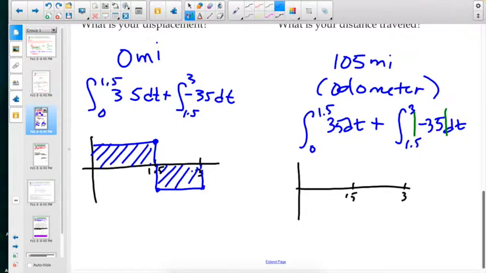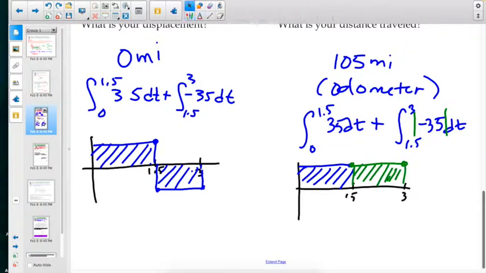So we now have that graphically, which is going to help you with the next 2 pages. Okay?